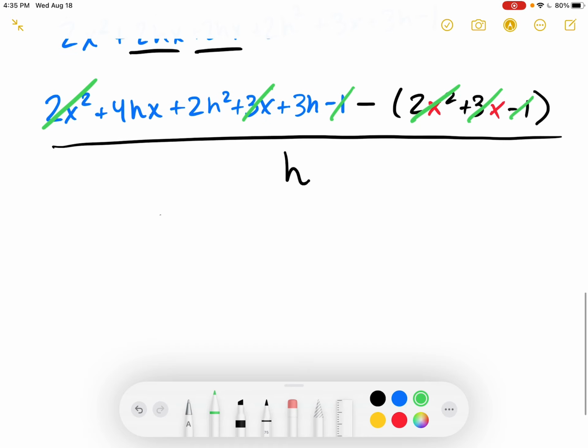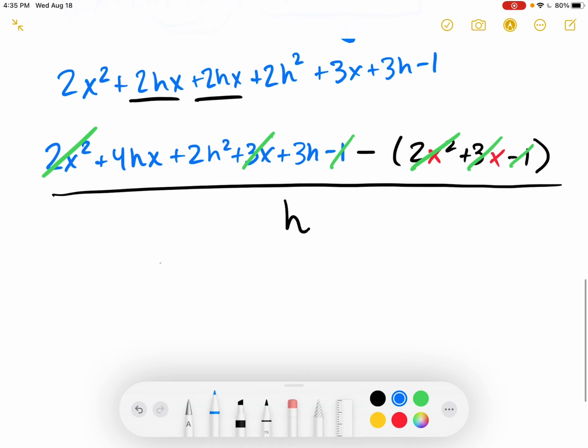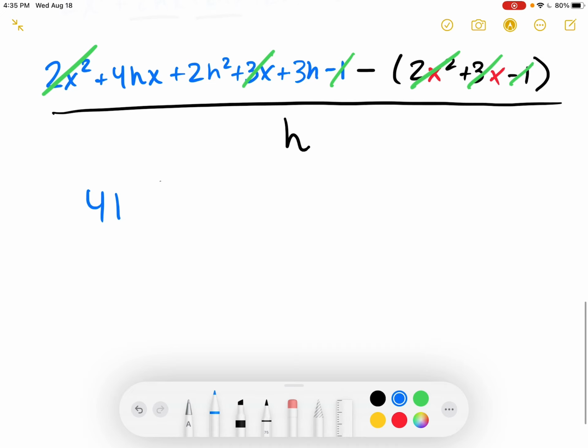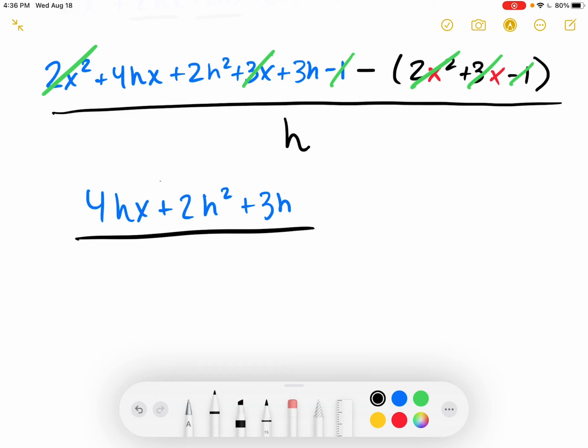So all that is left over is 4hx plus 2h squared plus 3h over h. That is all that is left over. So now we're going to simplify.